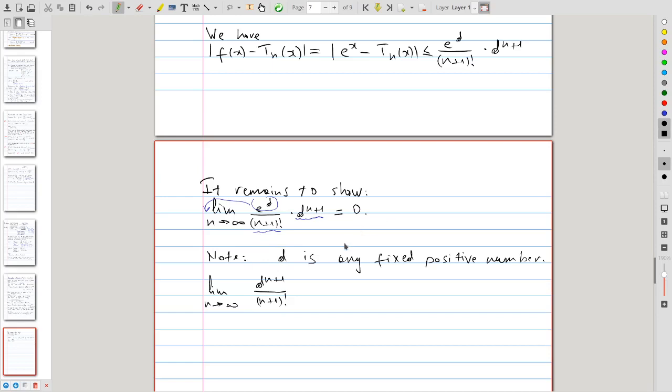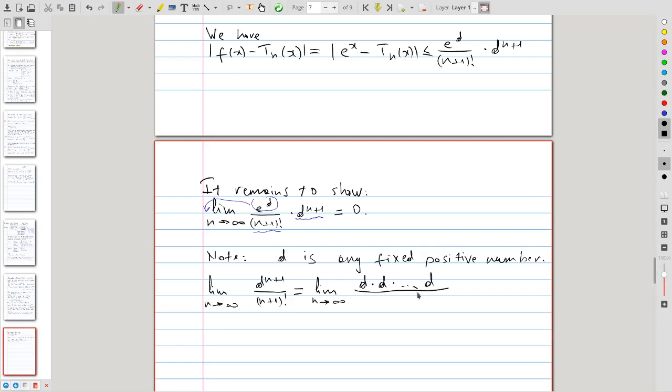How do we show that this limit is 0? Well, let us think about the quotient we are dealing with here. We have d to the power n plus 1 in the numerator, which means we have n plus 1 factors, each of them equal to d.